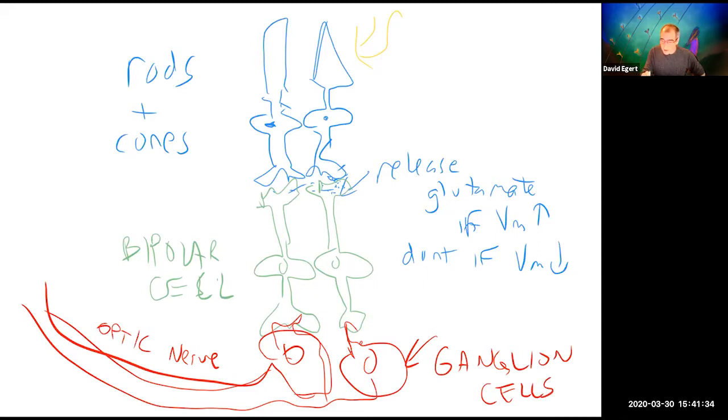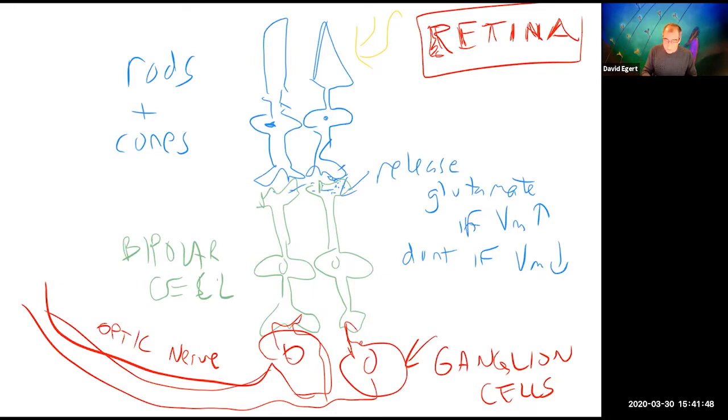Again, everything we're talking about here is the retina. There's other cells in the retina. There are what are called horizontal cells that are going in here. There are amacrine cells that are in here.